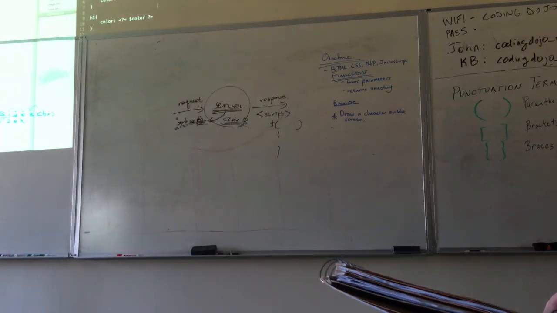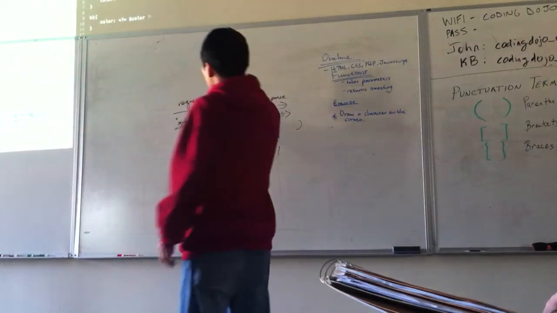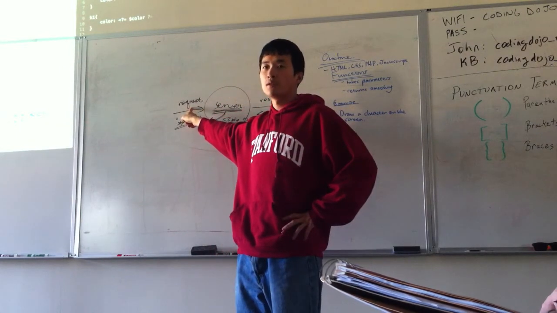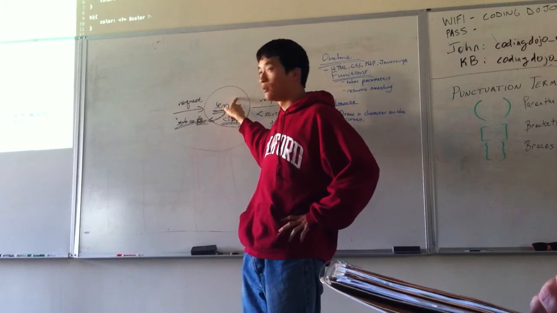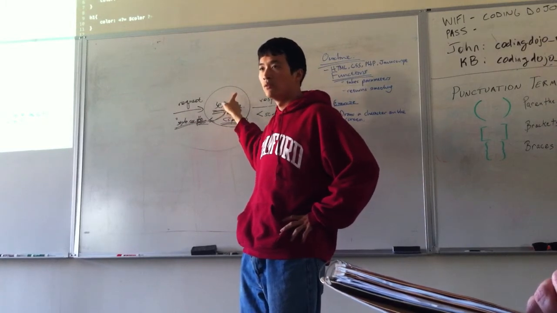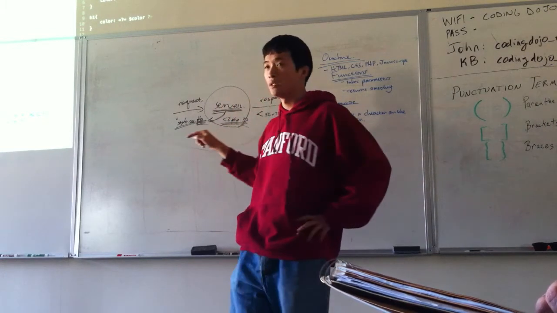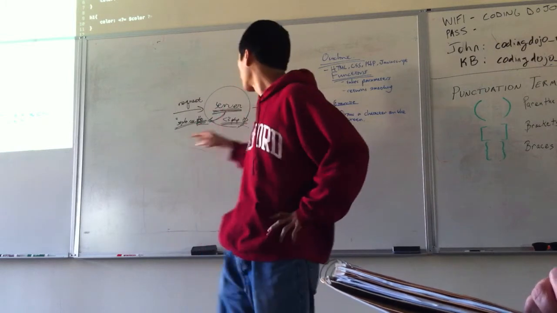Is that a little confusing? Okay, so just think of it this way. It's all it is. Your browser requests a file. It says, give me a file. Your server would output what is in that file.